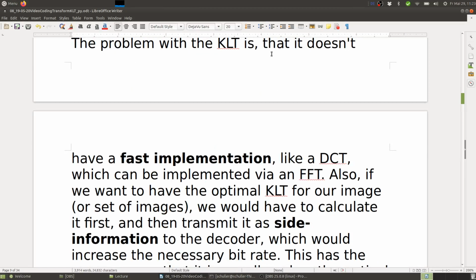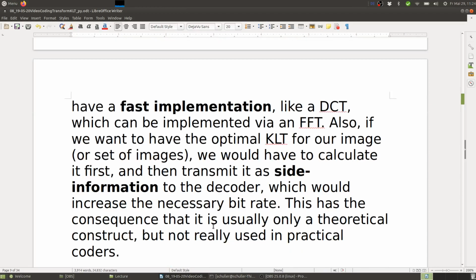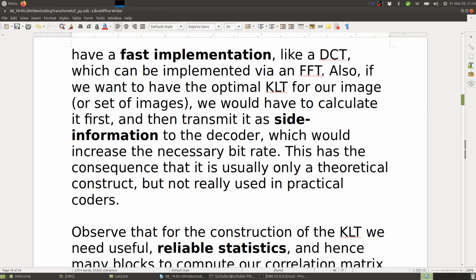The problem with this KLT is that it doesn't have a fast implementation like a DCT, which can be implemented via an FFT, a fast Fourier transform. Also, if you want the optimal KLT for our image or a set of images, we would have to calculate it first and then transmit it as side information to the decoder, which would increase the necessary bitrate.